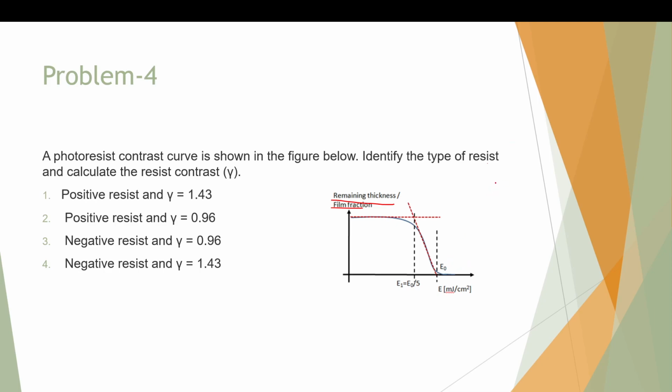That means that wherever the exposure is there, the resist has disappeared from those places. So that means it's a positive resist. So either this or this. And then we have to calculate the resist contrast.